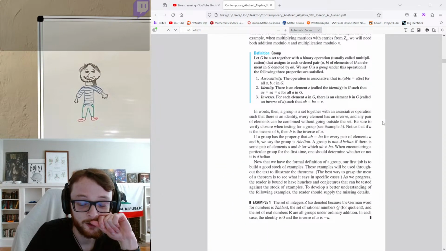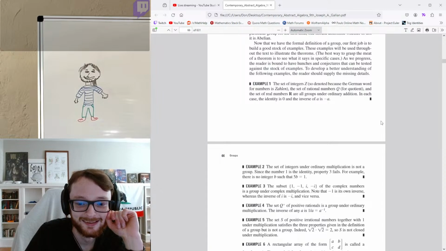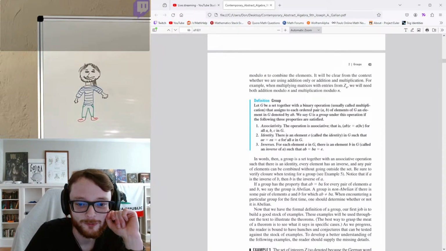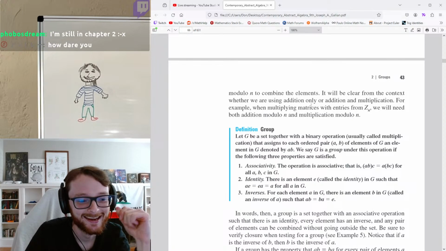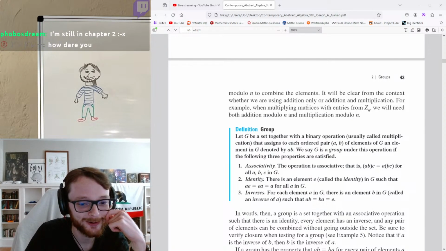To be fair, any relaxing piano song sounds like Minecraft music. All right, so quick refresher on what a group is. A group is closed, a group is associative, a group has an identity. How dare you? You know, there's more to relaxing piano music than Minecraft music.